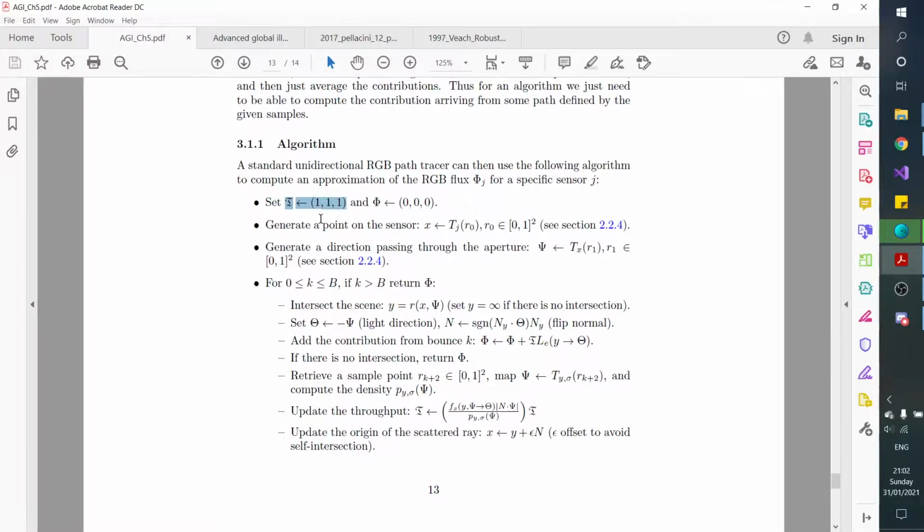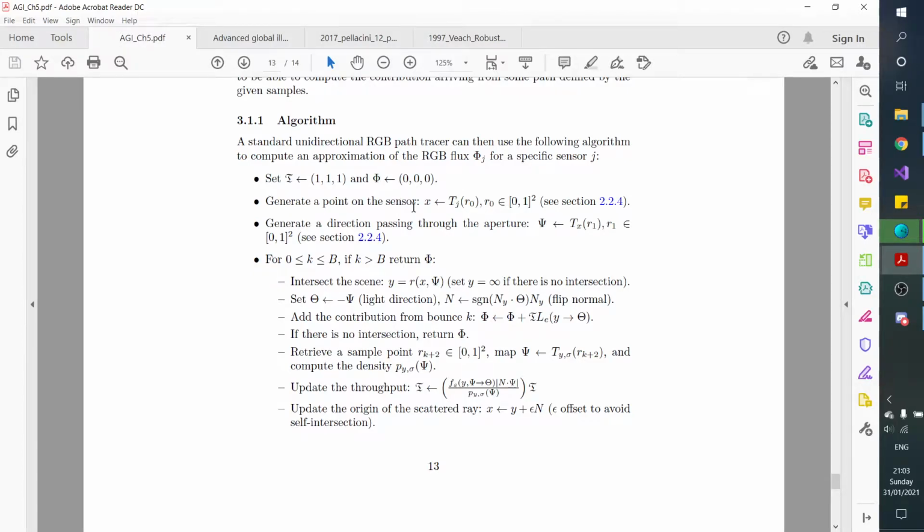So the more bounces you have, the smaller this would be in general, if those bounces are not mirror, so the less light can travel along this path. And at the sensor, that starts as 1, and the contribution to the flux, what we want to measure at a single pixel, is 0.